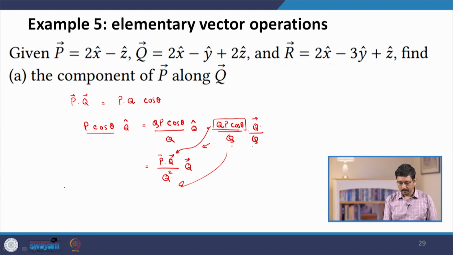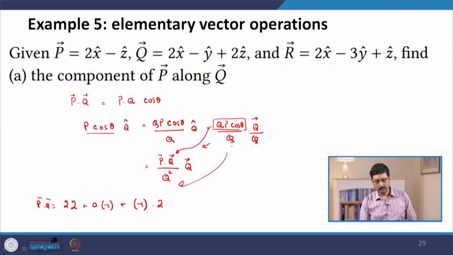So, p dot q, if I apply the component-wise formula, I get 2 times 2. There is no y component of p. The z components are minus 1 and 2 respectively. So, this gives me 2.